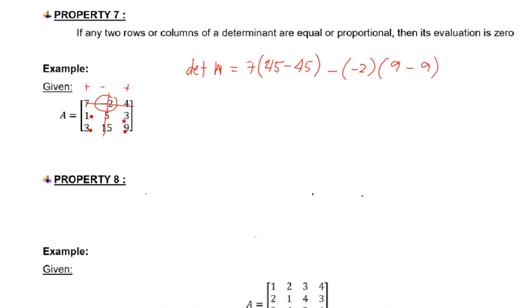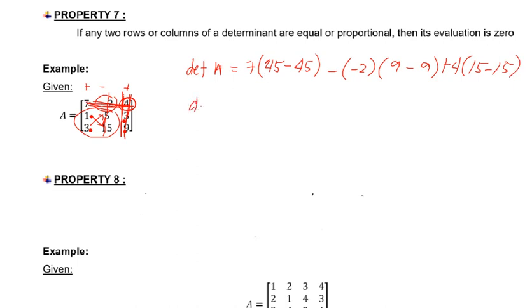And lastly, we have plus 4, our third coefficient. We eliminate row 1 and column 3. These are the elements we get. So 1 times 15 minus 3 times 5, which is 0 also. So 1 times 15 is 15, minus 3 times 5, which is 15.